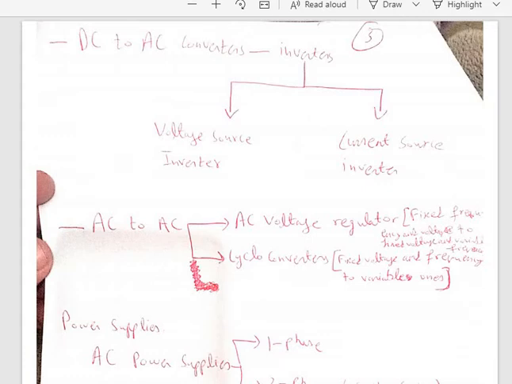Okay, then comes the AC to AC converter. Wait, we do understand that we have an AC to DC converter, but why do we specifically study the DC to AC converter? Nowadays, DC to AC converters are quite common in the market, and the reason behind that is not the battery, but the solar technology that is available these days.